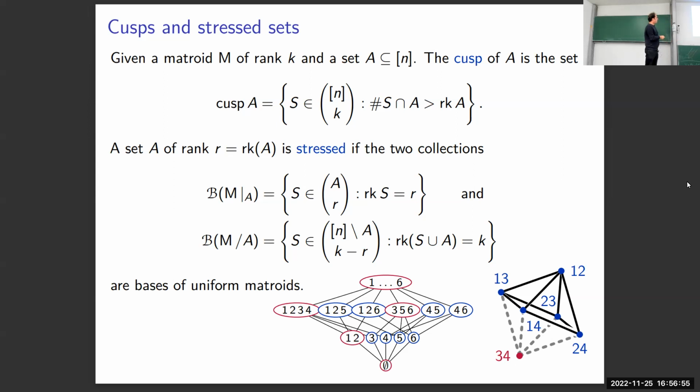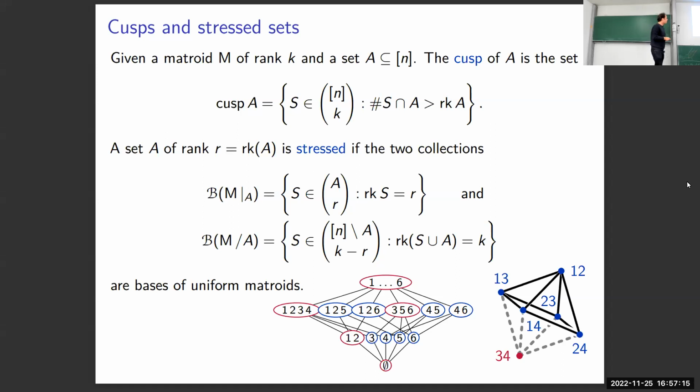So if this set happens to be a uniform matroid, then this is nice. I have not excluded any of these members, so therefore this will be another hypersimplex if I take the convex hull. And the same holds true here, but this is just a dual picture.